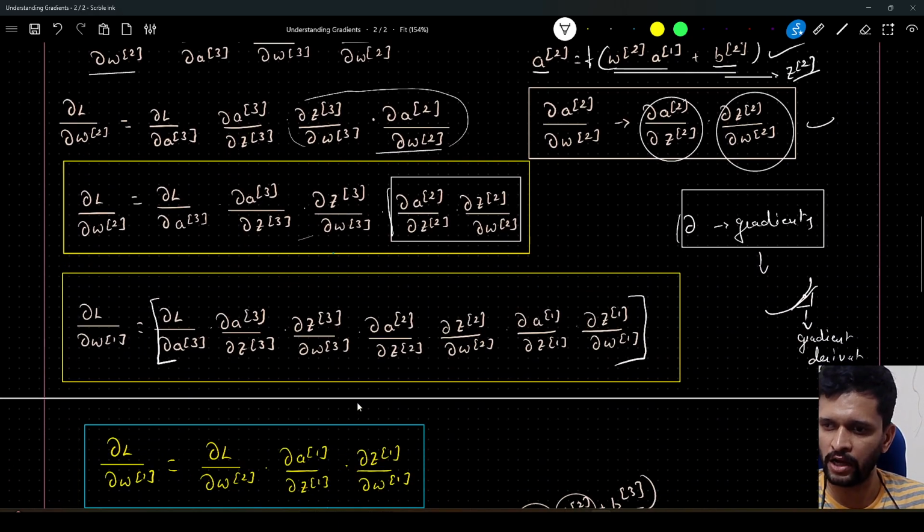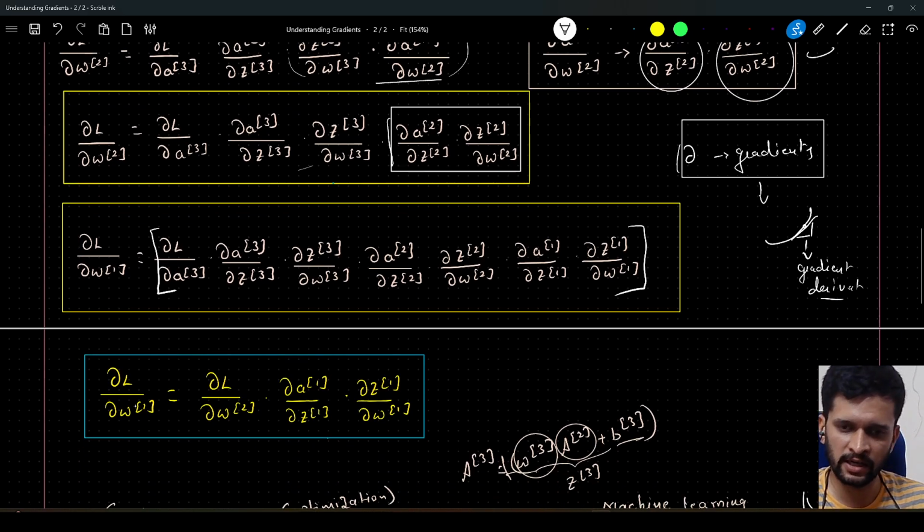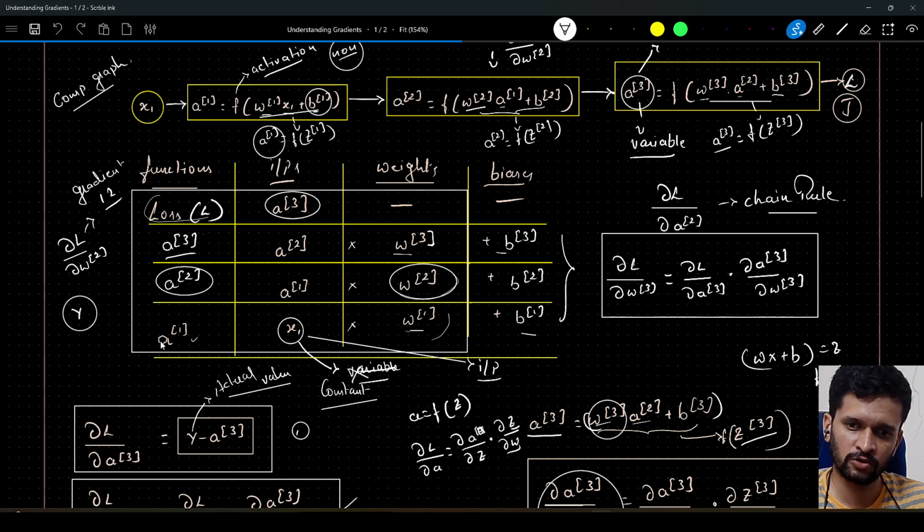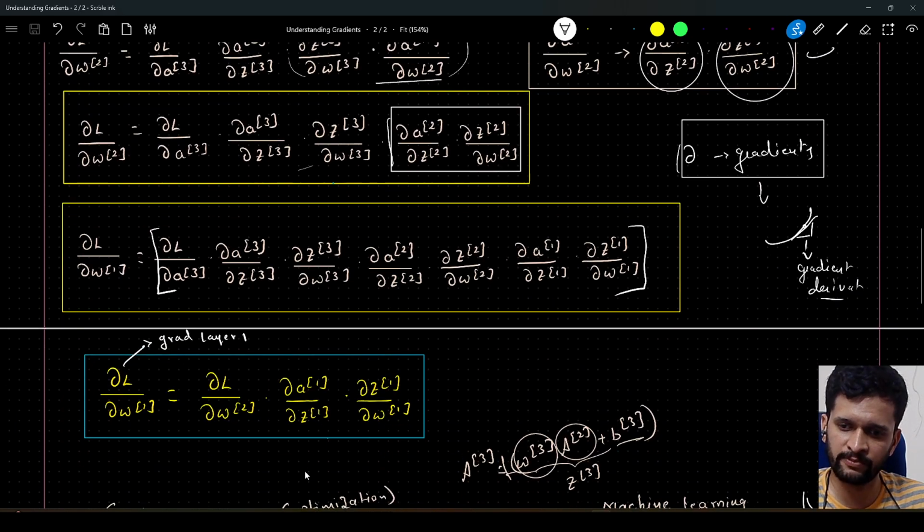In the end, we will simply call it the gradients at layer 1. Gradients at layer 1 is computed as the effect of change in weight 2 on loss multiplied by the effect of change of weight 1 on activation function A1. So this is what I have written here in an expanded way.